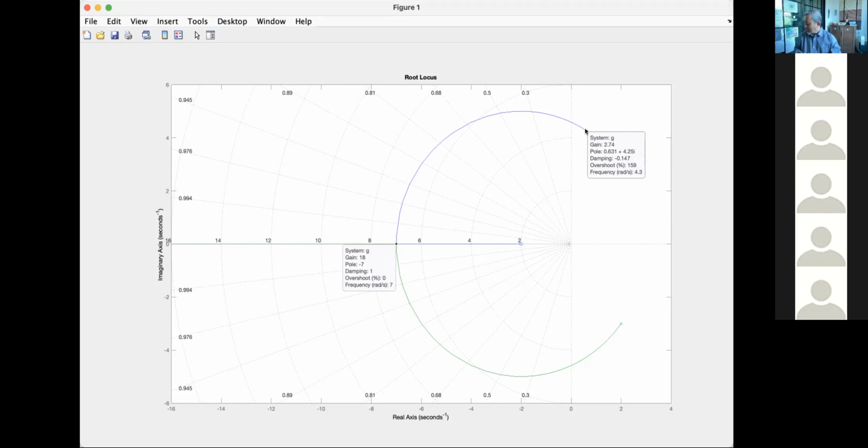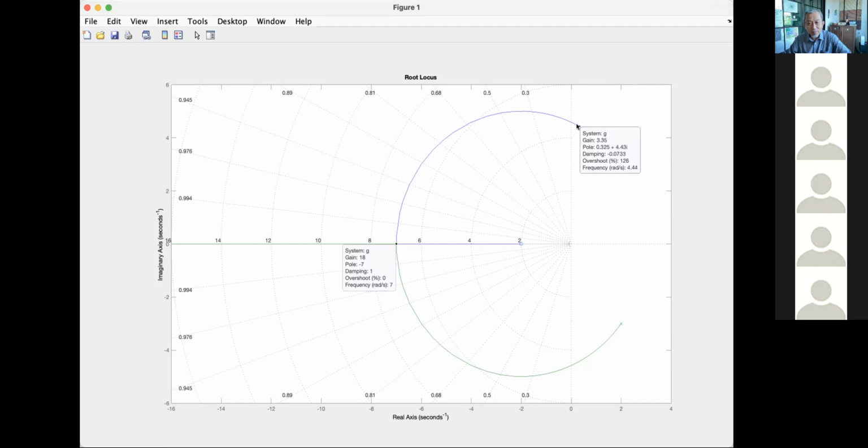Mahmud? Mahmud absent. Muhammad Firdaus? Yes, doctor, I'm here. What is the value of the intersection of the root locus and the imaginary axis?